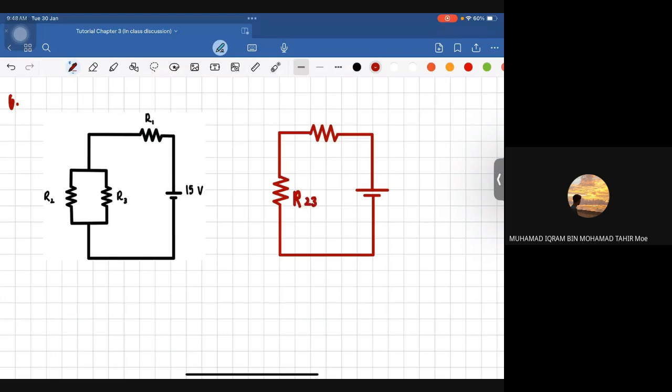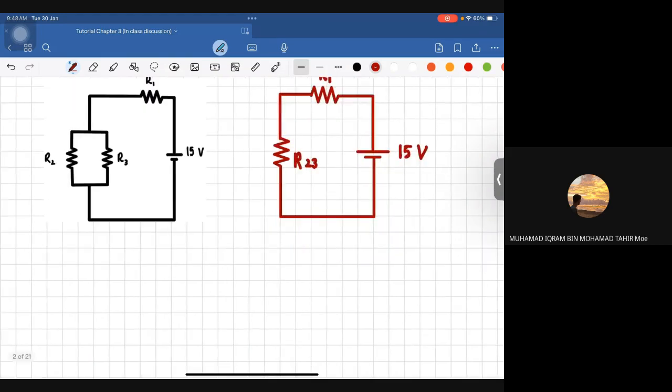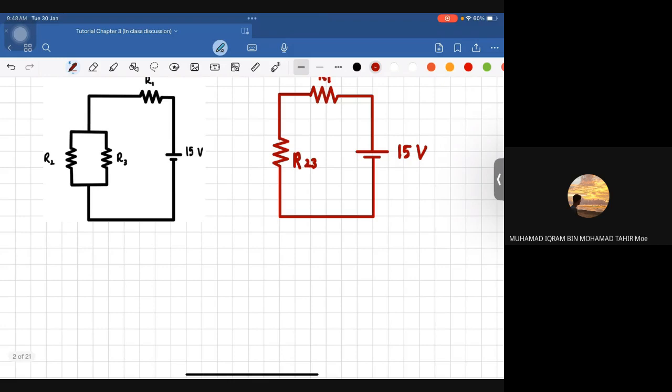R23, yang ini R1. So yang ini 15 volt. Okay, so sekarang we have to find the effective resistance. In order for us to find the effective resistance, we first have to solve for R23. So R23 ni is in parallel lah sebab ada junction. So this is R23 equal to 1 over R2 plus 1 over R3 to the power of -1.